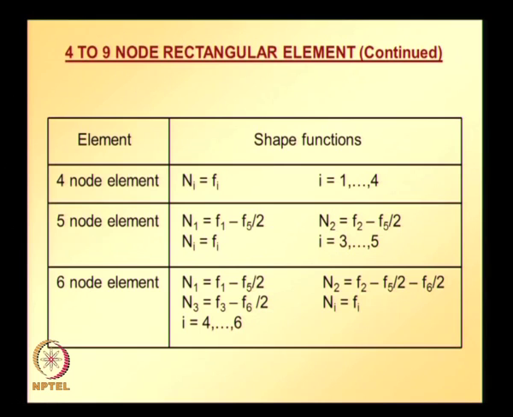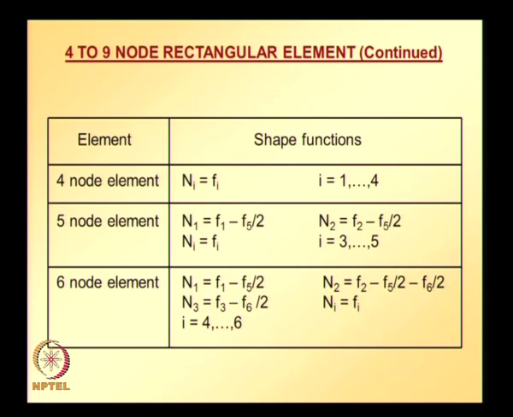shape functions of 4 to 9 node rectangular elements can be written in terms of these f1 to f9. So the table shows for 4 node element how the shape function expressions are related to these functions.